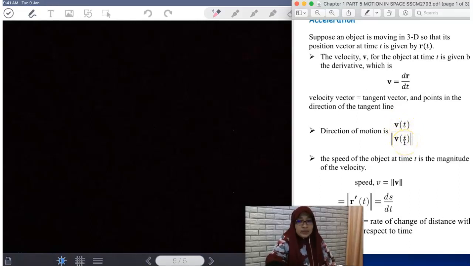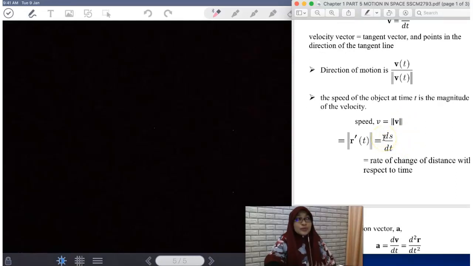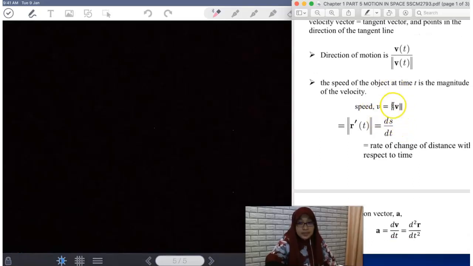Okay, now we go to the speed. You can also compute the speed of the moving particle, where you just use the velocity vector and find the magnitude. That is speed. The velocity, as we know, is r prime of t, and you find the magnitude.